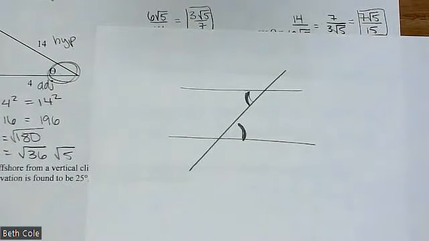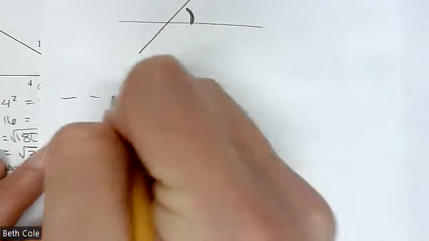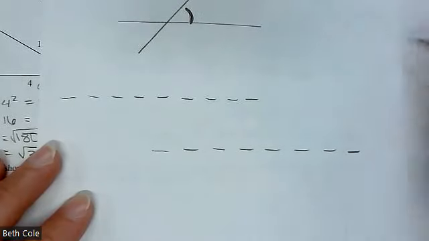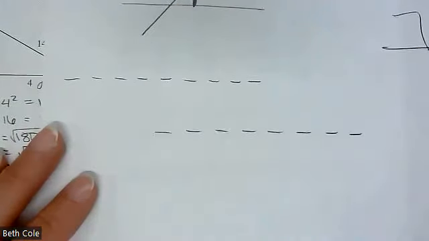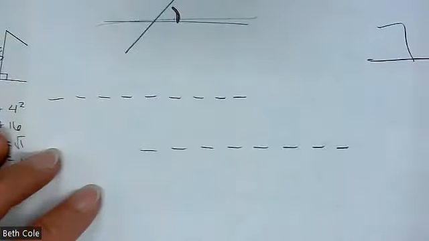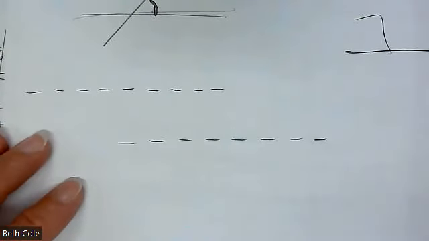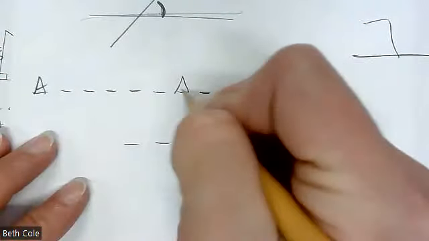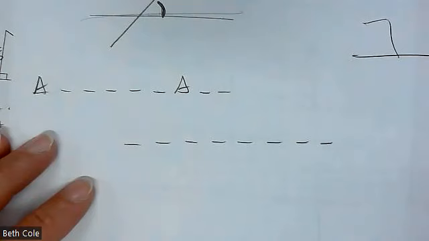If not, we'll play hangman. And then you're all going to be like, oh, yeah. Well, these 2 are parallel, but I'm asking what these 2 angles are called. Oh, no. Are we going to guess a letter? What's that?